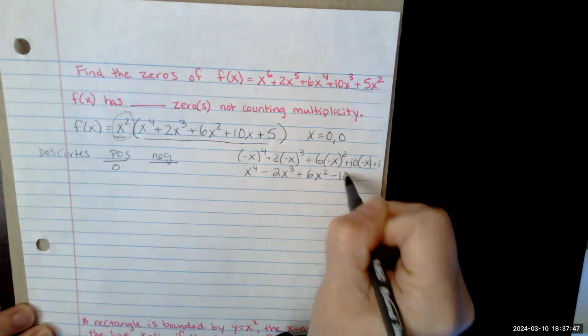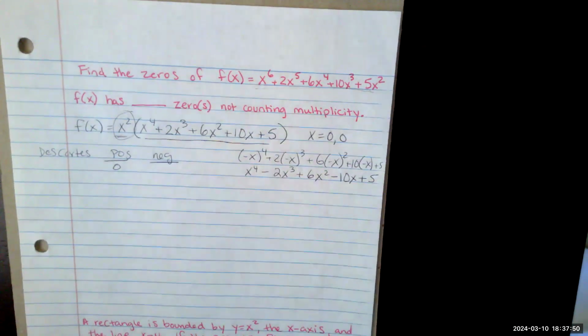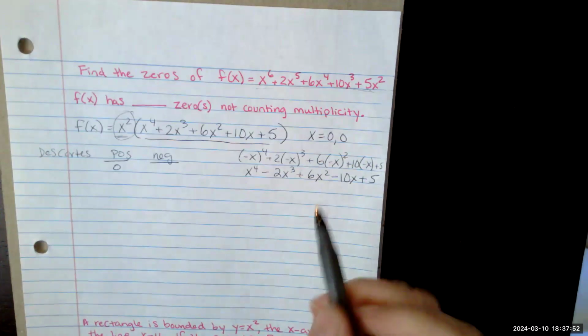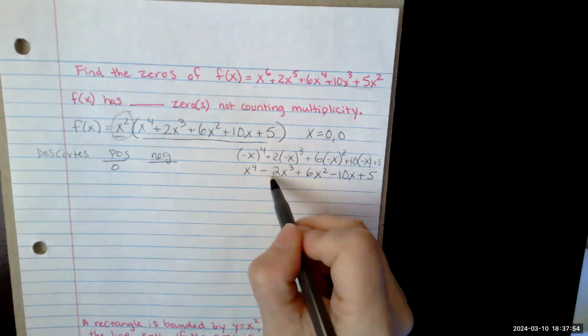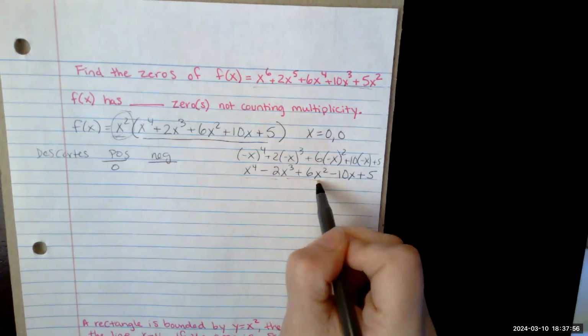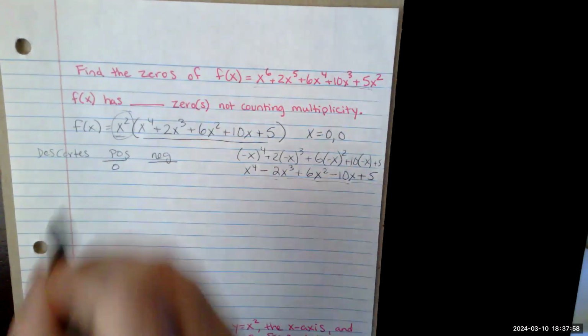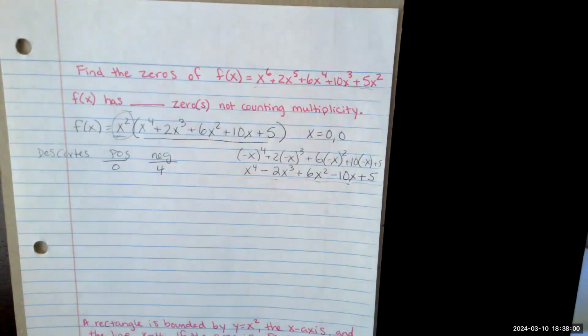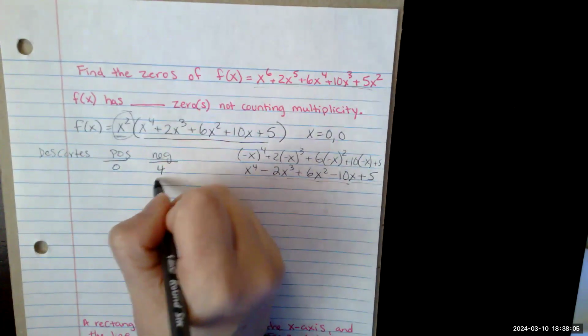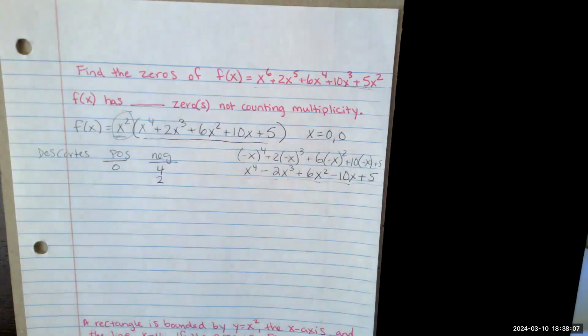This one would stay. And the 5 would just stay at 5. So how many sign changes do I have now? Positive to negative. So that's 1, 2, 3, 4. Wow. So they might all be negative, or remember I can subtract 2, and that's another option.